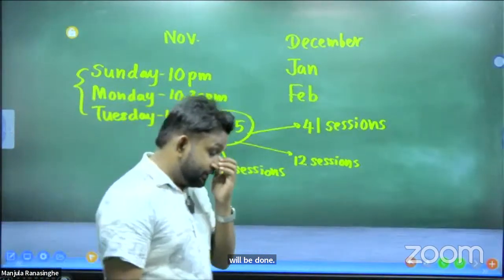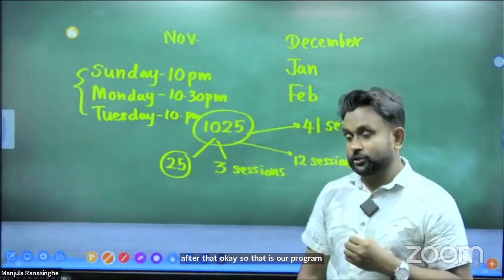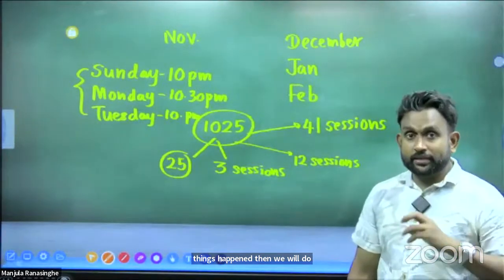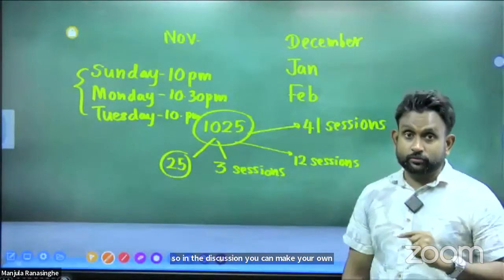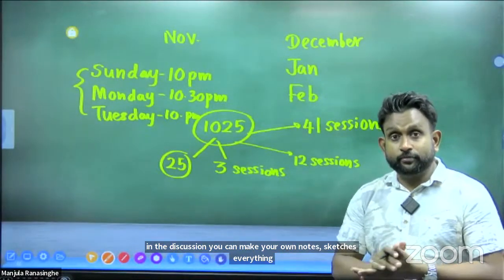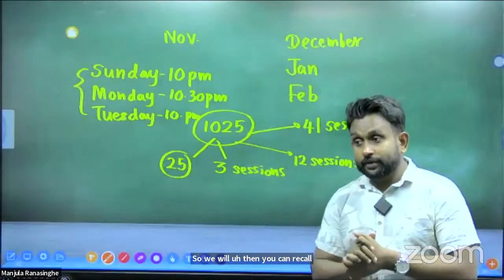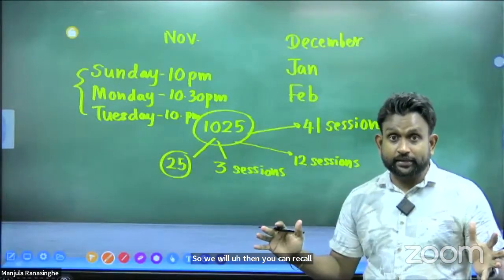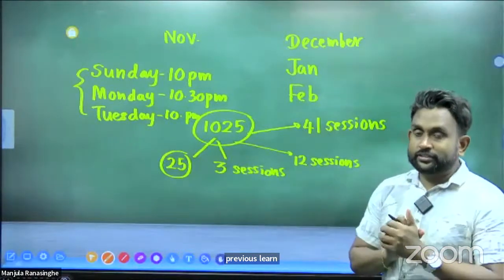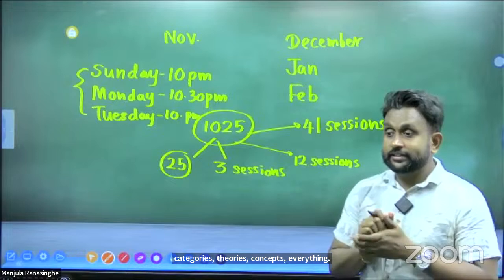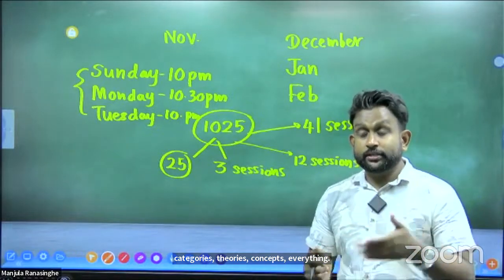Then we will do the discussion. In the discussion, you can make your own notes, sketches, everything, and you can recall the previously learned categories, theories, concepts, everything. So this is our program, and all the other things are mentioned to you in the groups.